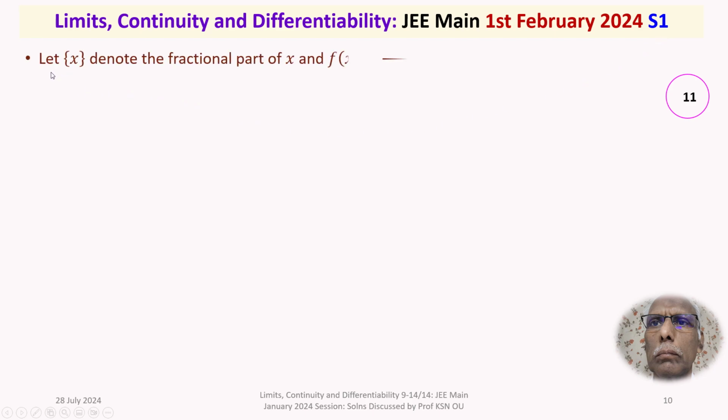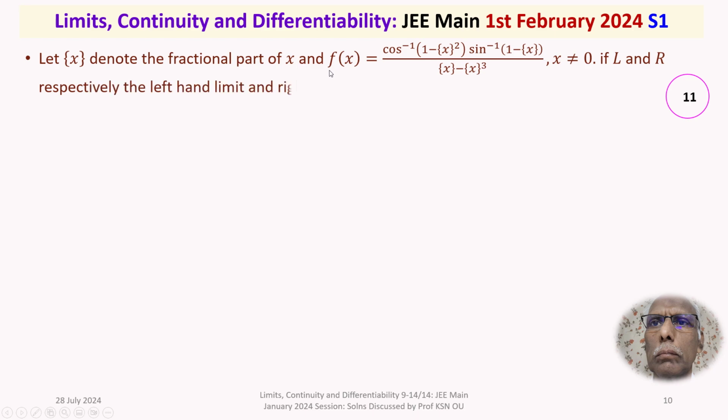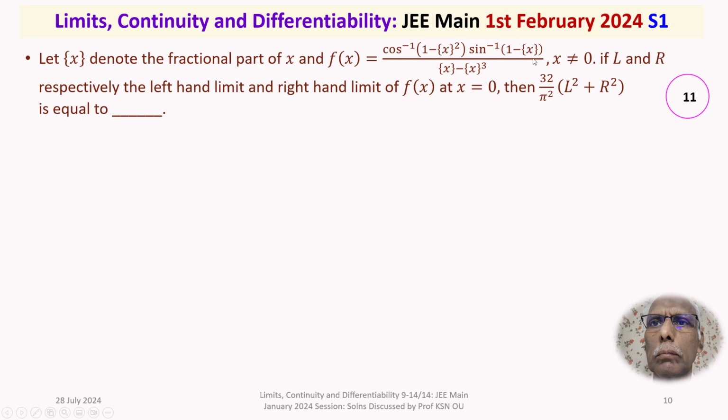The given question is: let {x} denote the fractional part of x, and the function f(x) is given by cos inverse of (1 minus {x}^2) into sine inverse of (1 minus {x}), whole divided by {x} minus {x}^3, when x is not equal to 0.